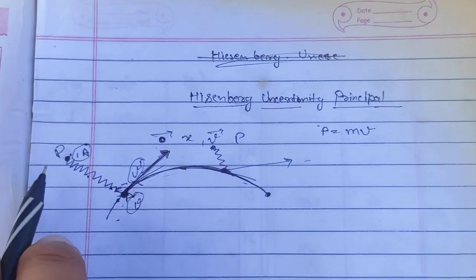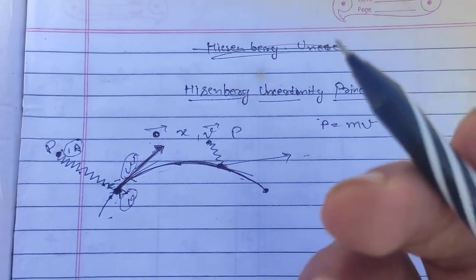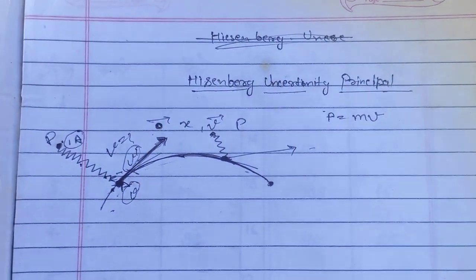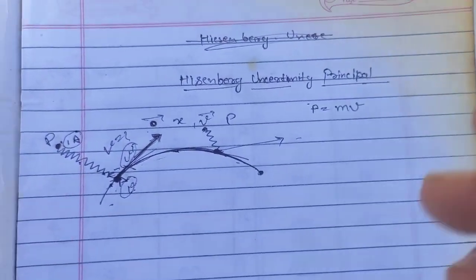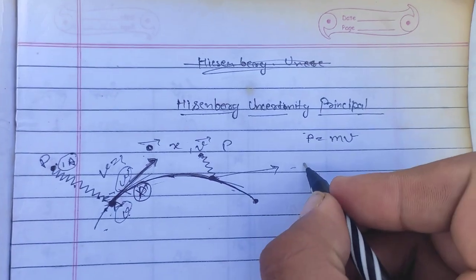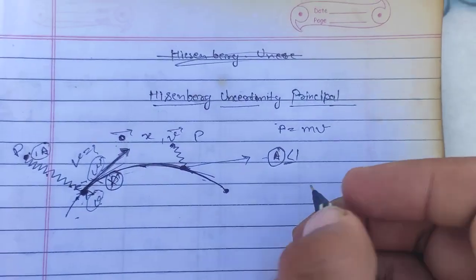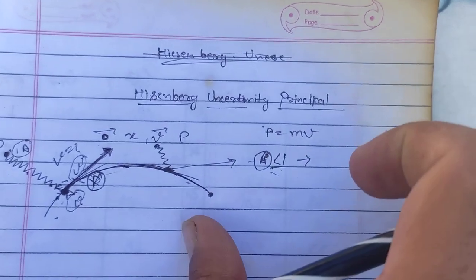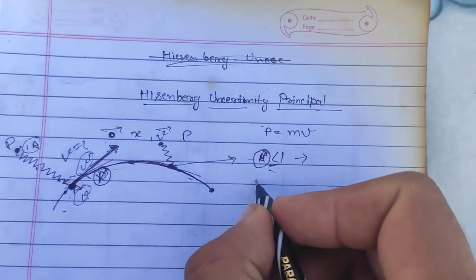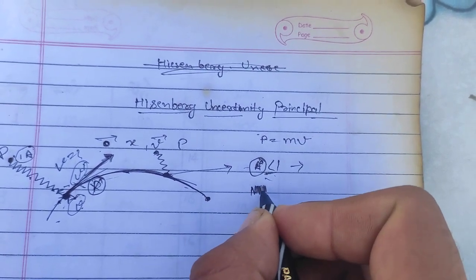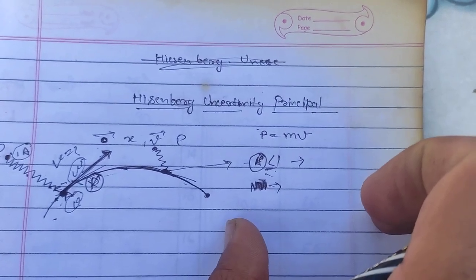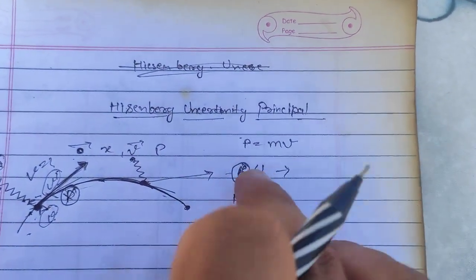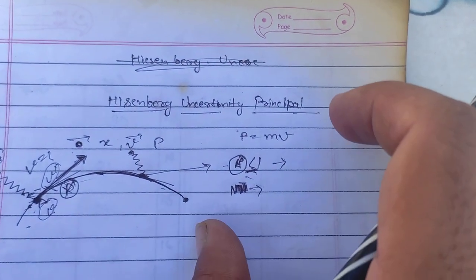Here the photon's wavelength is less than or equal to 1 angstrom, which means high energy, because the wavelength is very small, like a spring: the more compressed, the more energy.